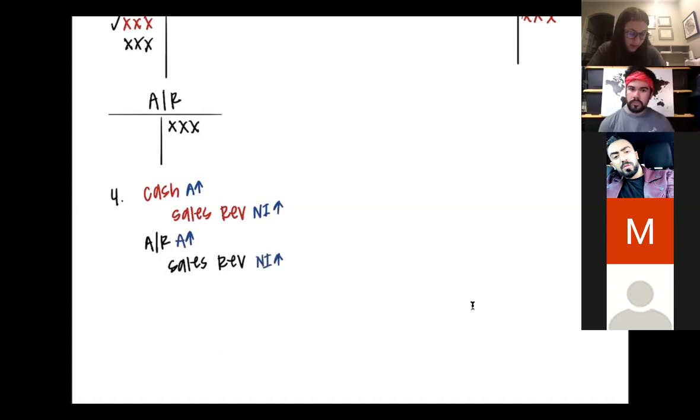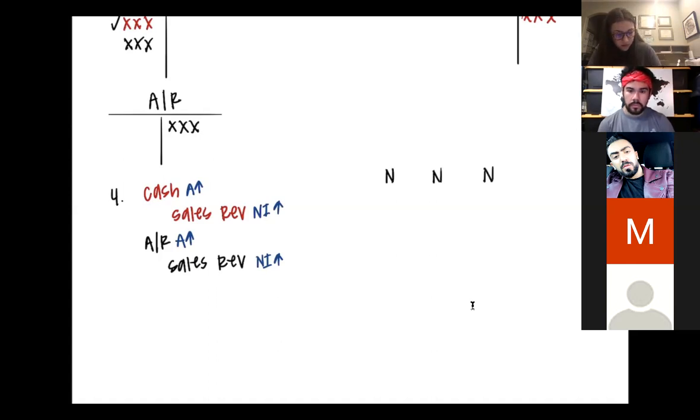So when you see something like this, yes, they put it in the wrong account, but in terms of your overall assets, nothing really happens to it, right? Because it was increased somehow. So there's no effect on any of them. Does that make sense?